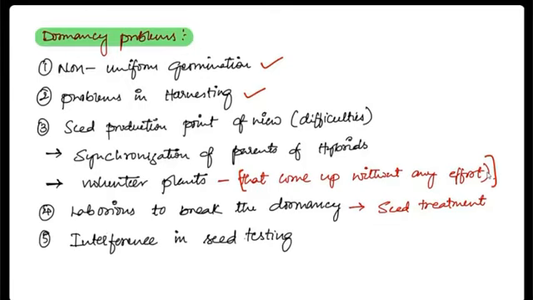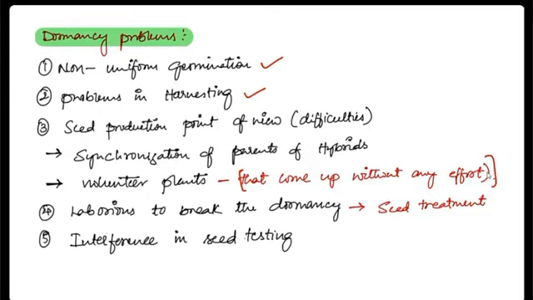How do these volunteer plants develop or germinate? It is because the harvested seeds from the previous season might be left over in the field, and they might have undergone a period of dormancy, and by the next season they might germinate. So if you are using different varieties from the previous season, it will again affect the physical purity of the seeds.